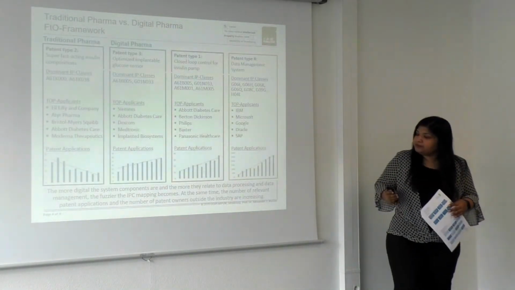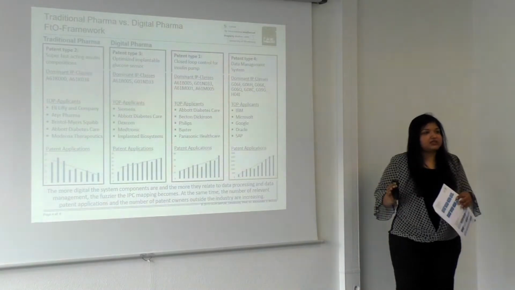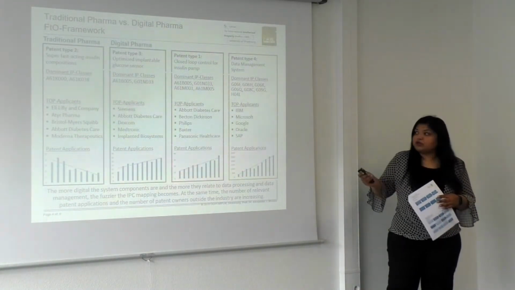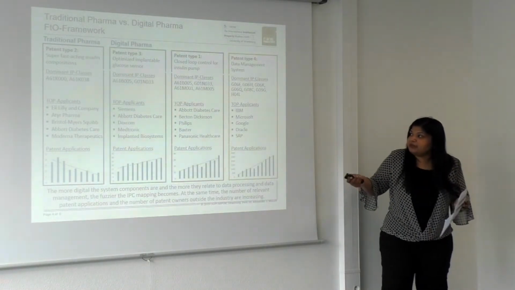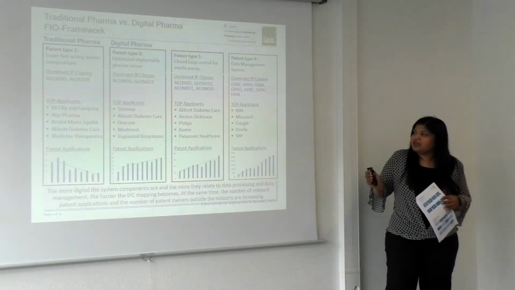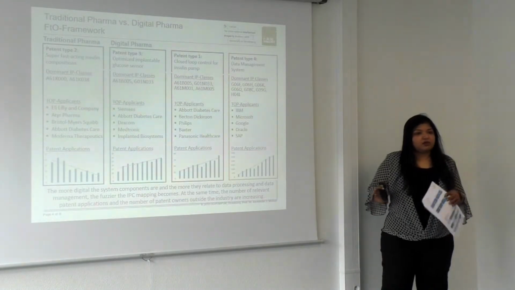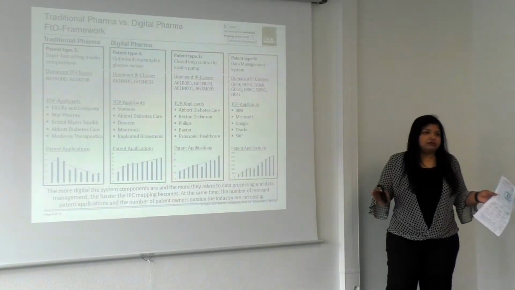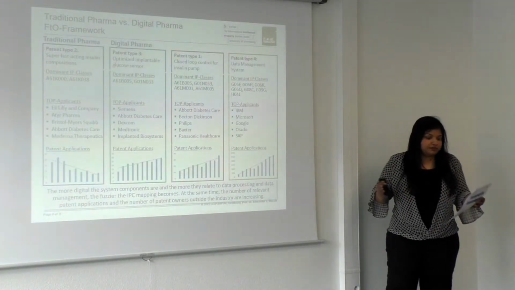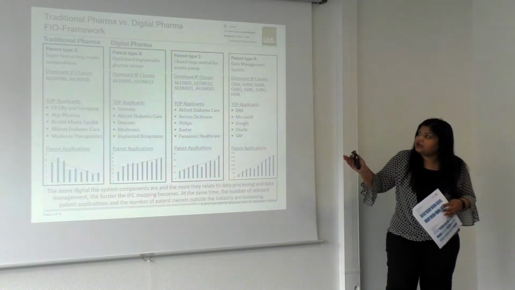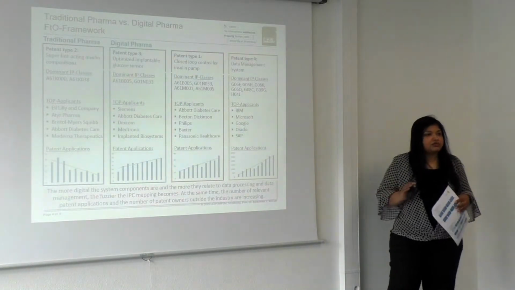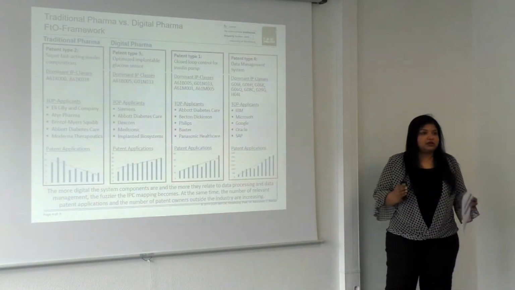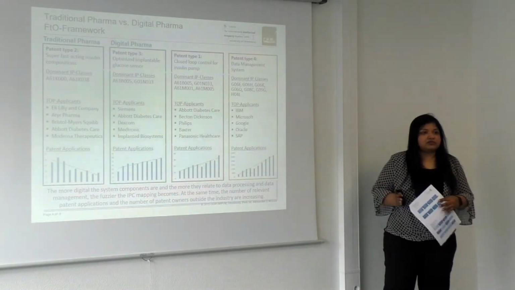Here also, it's a highly specialized technology, and you would probably see some expected players. So you would have players like maybe Abbott, BD, Philips, and the dominant IPC classes here would also be around, say for example, A61, which is surgery related or medical device related, and G01N, which is around analyzing the information coming from the blood, insulin, to make that closed loop system work.